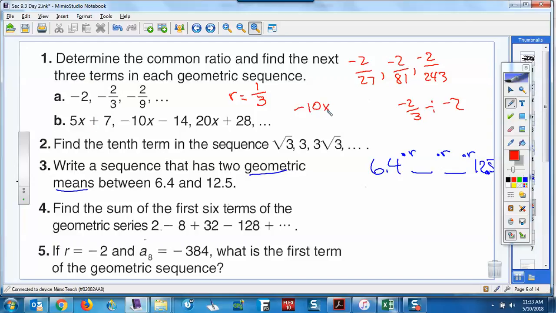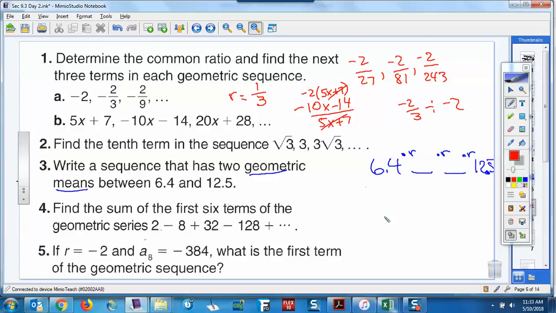So -10x minus 14 over 5x plus 7. You could take out a -2, which gives you 5x plus 7. Cancel, it's -2. Or, like I said, probably in your head, you can see you're multiplying by -2. Okay, so r is -2, and then just keep doing that. Write those out. I won't go into that.